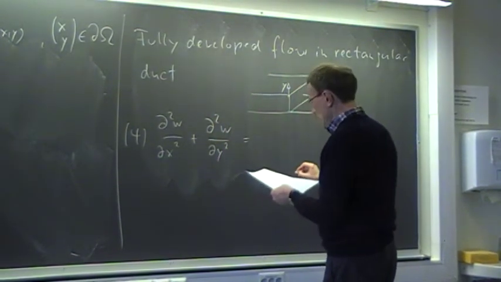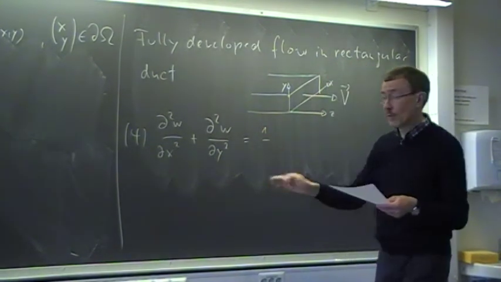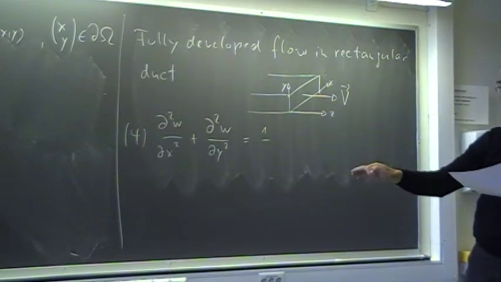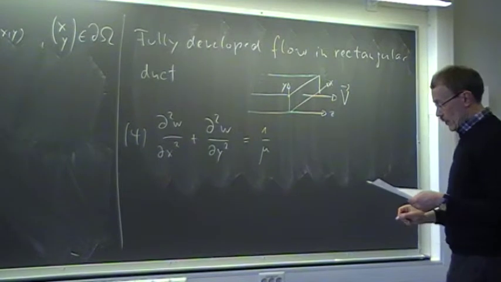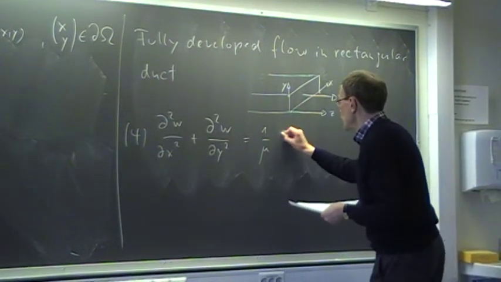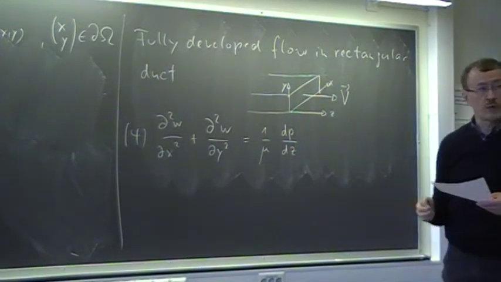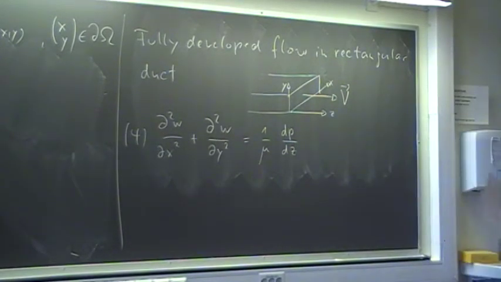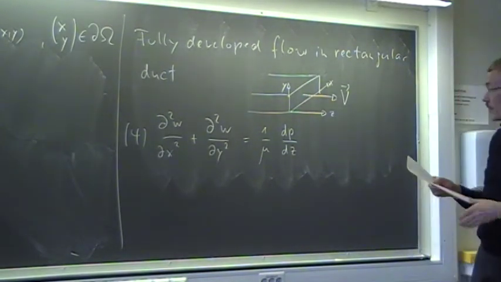On the right-hand side, we write the viscous term on the left and divide by mu, the dynamic viscosity coefficient, and then we assume that we have a pressure gradient. The pressure, we assume, is constant in each cross-section, and it is varying just linearly in the z direction. So we have a higher pressure to the left than to the right, so the pressure drives the flow.